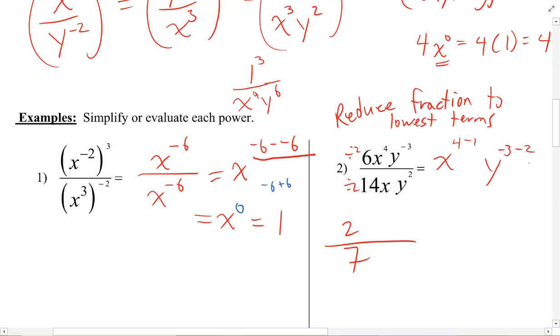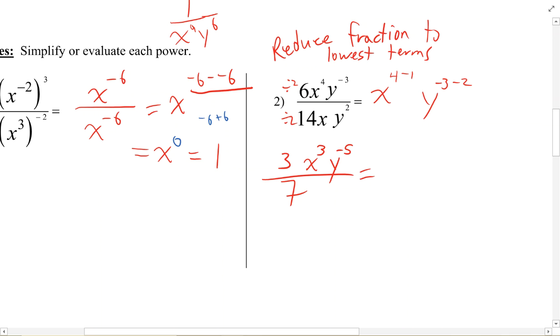Negative 3 minus 2. So now here's the tricky part: all our answers, when we do the divisions with the letters, they end up on the top of the fraction. So we're going to get x exponent what? Thank you. And then on the y's, we get negative 5. Final answer then? What do you think?